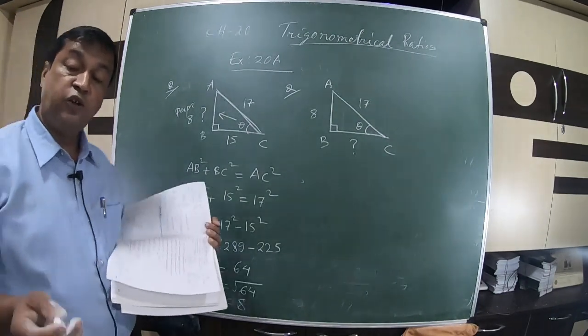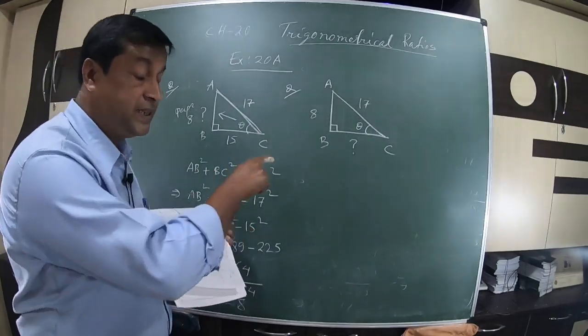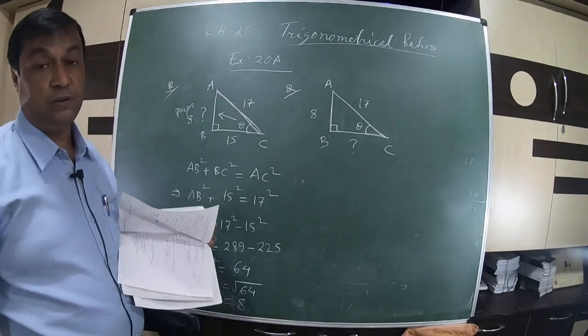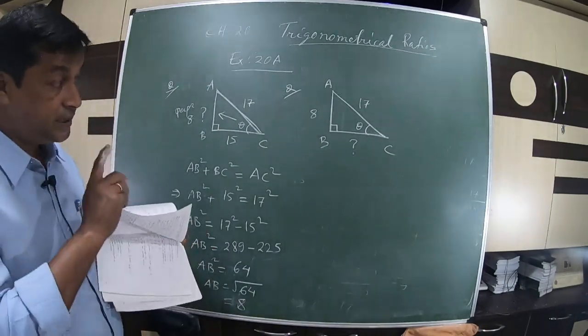Find out BC and you have to tell what BC is, whether it is a perpendicular or a base. Let me see whether you can find it out or not, because that is very important, whether BC is a base or perpendicular.